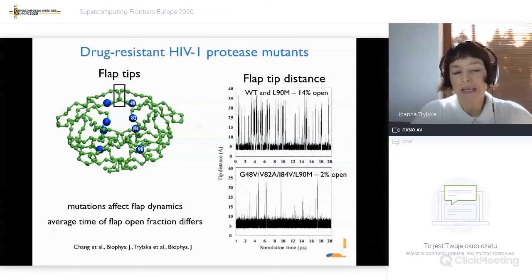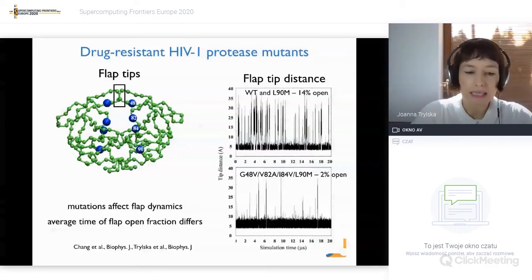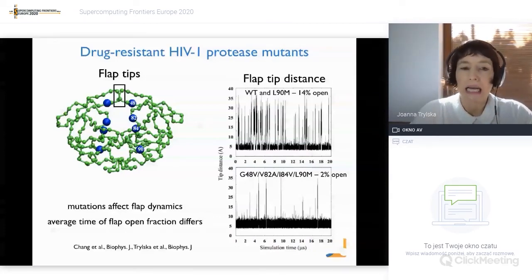And this might have important implications for the functioning of that enzyme, because the flaps become more rigid. And also the key would be, for example, can we design inhibitors that would enter the active site without flap opening? And indeed, this was the case. Some of these inhibitors do so.